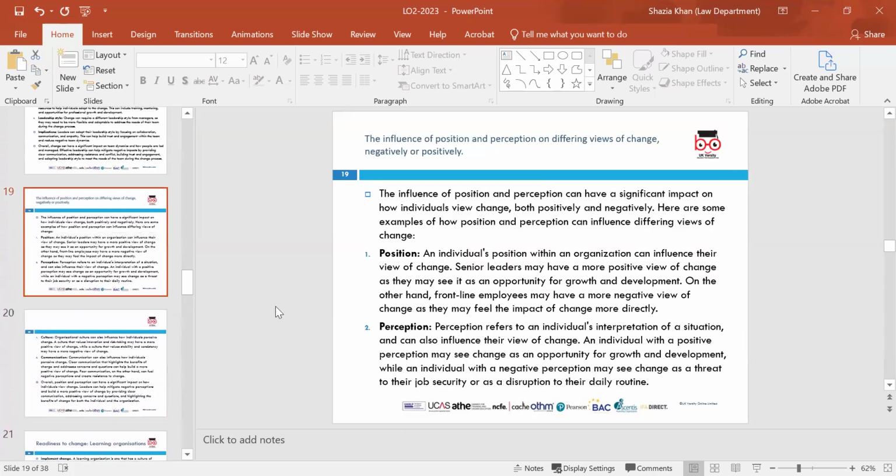An individual's position within an organization can influence their view on change, and perception refers to individuals' interpretation of a situation, which influences their view. So get the individual involved and get their views on everything.